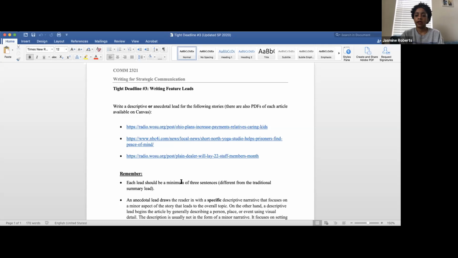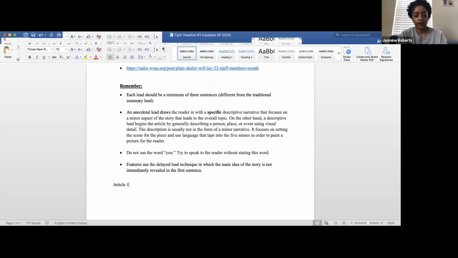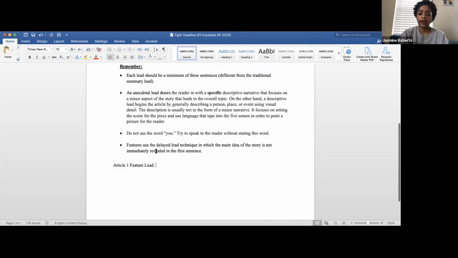So Sam asked, how would I like you guys to format the Word document? That's a really great question, Sam. So all you have to do maybe is put, for instance, if you guys can see here, Article 1, feature lead, and it doesn't have to be capitalized like that. And then just write your lead from there. I don't need the story title or anything like that.